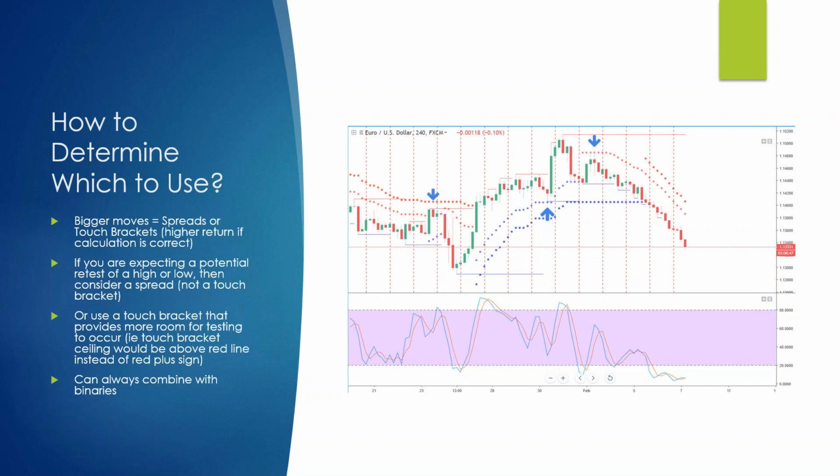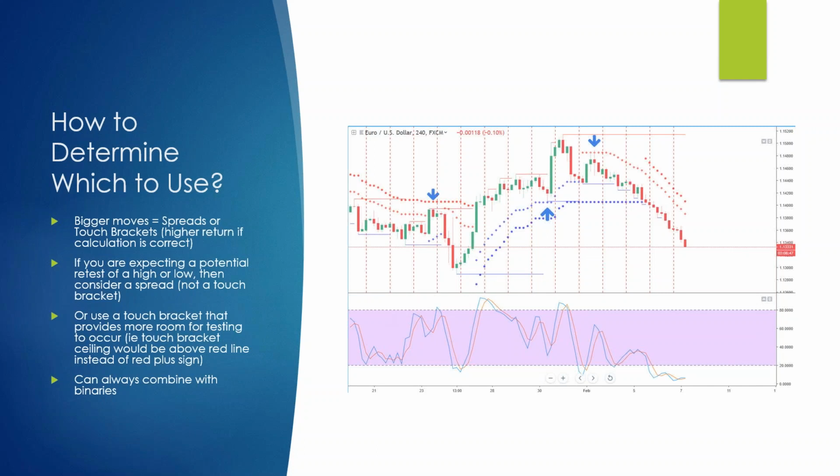So you do have to pay attention to where you anticipate it to go and where they could potentially test for either support or resistance. Now, a lot of times when I'm using touch brackets, I like to make sure I have sufficient room for price to come back and test that low and then move in my direction. That's when I'm going to use the touch brackets.